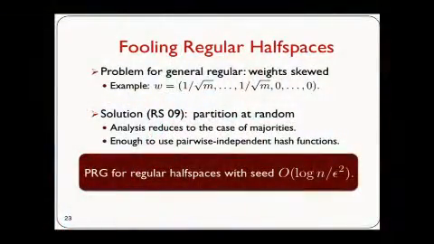When we do that, you can reduce the analysis to the case of majorities. Moreover, it suffices to use pairwise independent hash functions to do the partitioning so that you don't use too much randomness. I'm pushing some of the details under the rug, but eventually you get a PRG for regular half spaces with a seed length of log n over epsilon squared.